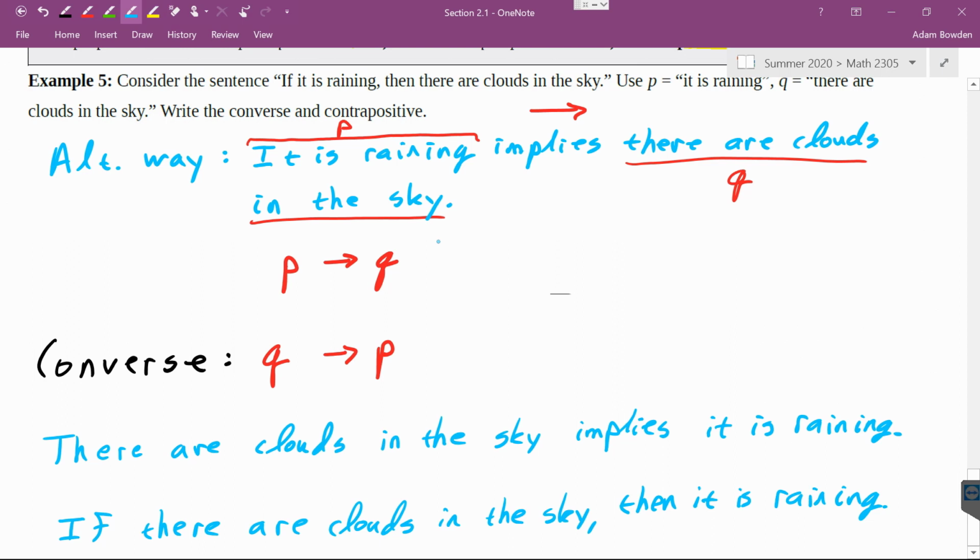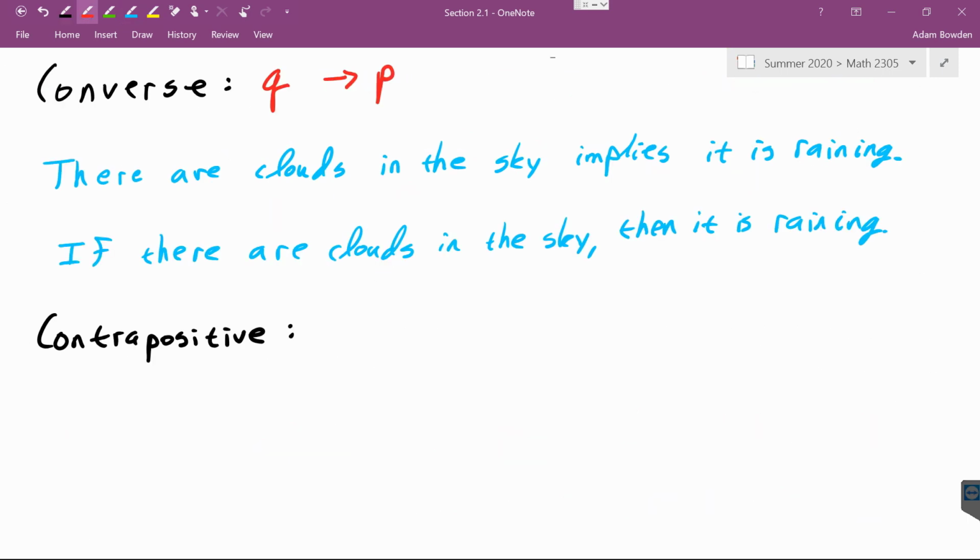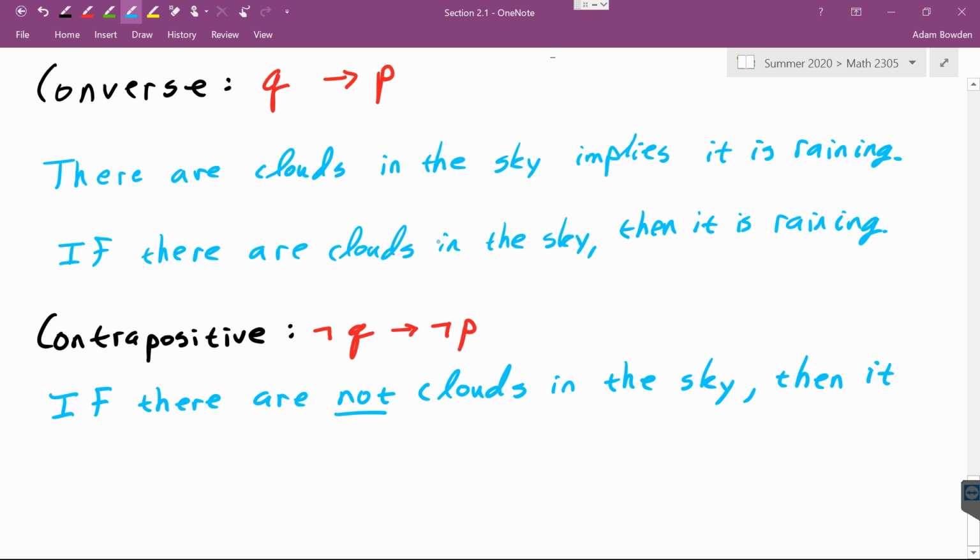Rather than if it is raining coming first, the if there are clouds in the sky comes first, then it is raining comes second. The contrapositive is like the converse, but with the not or negation as part of each of the letters here. So it would be not Q implies not P. And so that would be read off as if there are not clouds in the sky, then it is not raining.